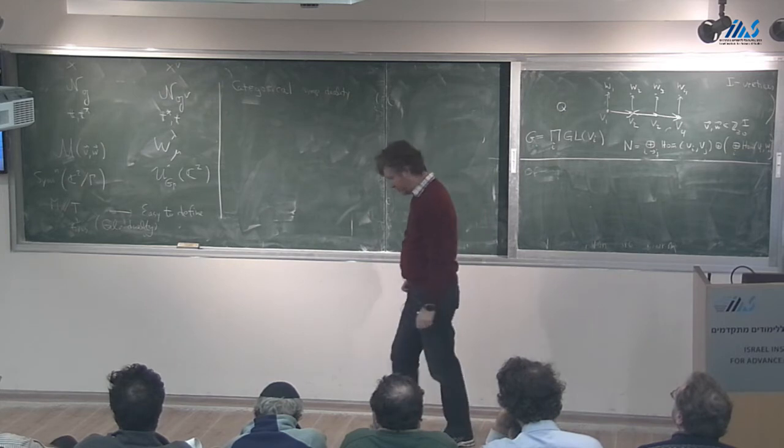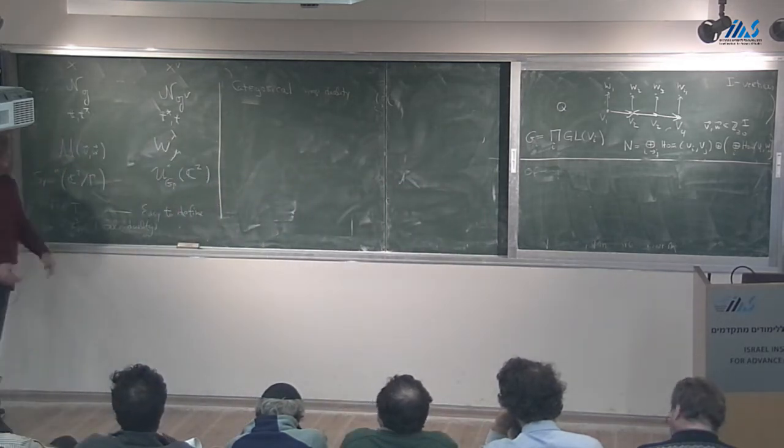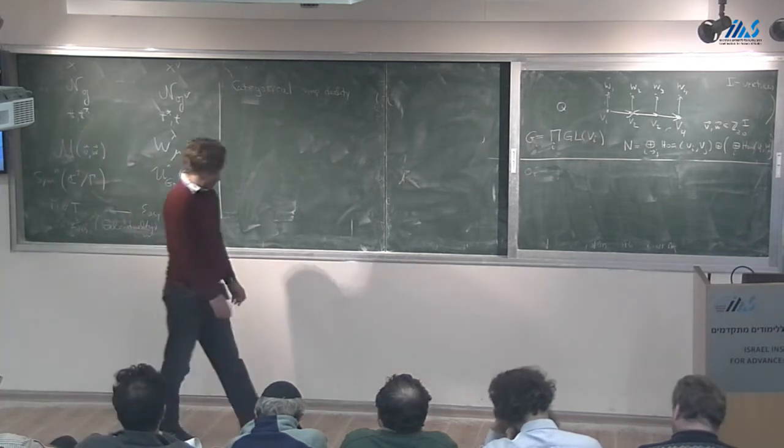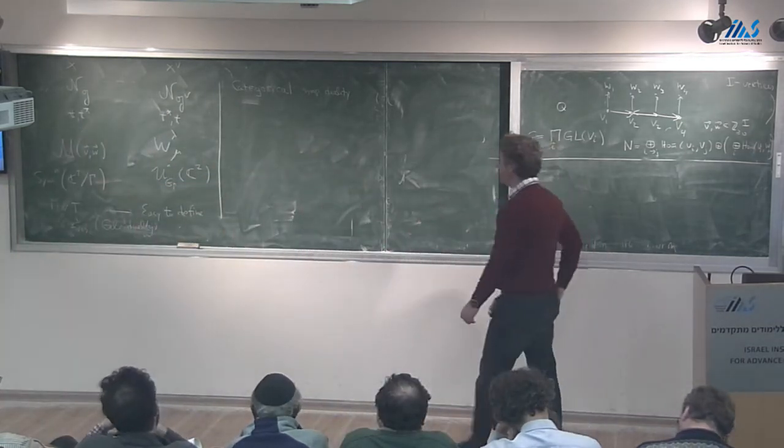says the following. So when we have this X, as in one's lecture, we would like to quantize it, and it's known that it has actually a family of canonical quantizations.